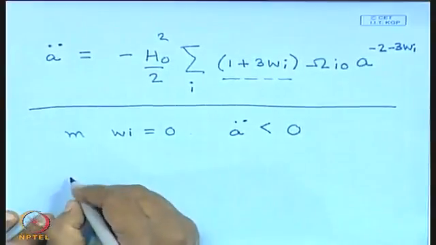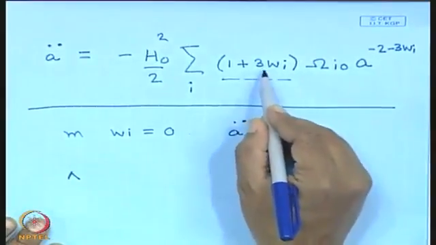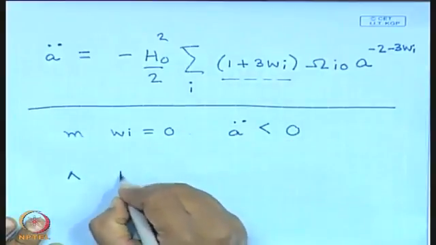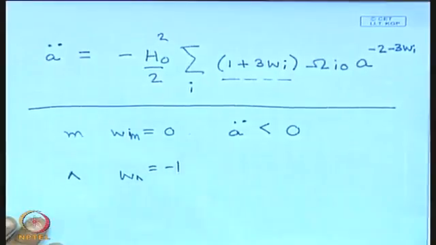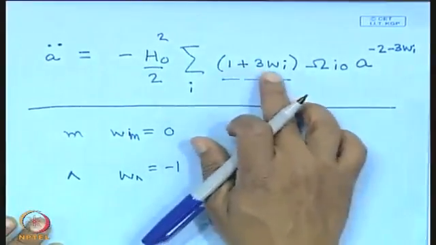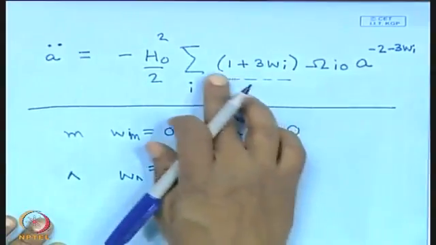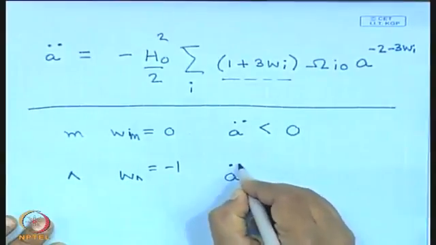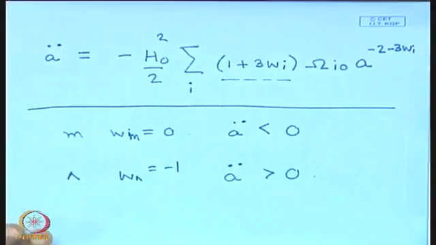Whereas if I have a cosmological constant, the pressure is negative, w is -1, so this is going to be -2, so this term will be negative, and that will make a contribution a double dot greater than 0. That is the crux of the whole thing.